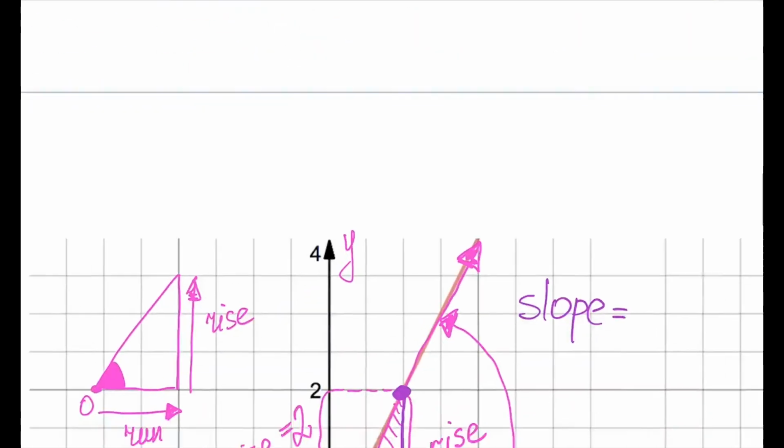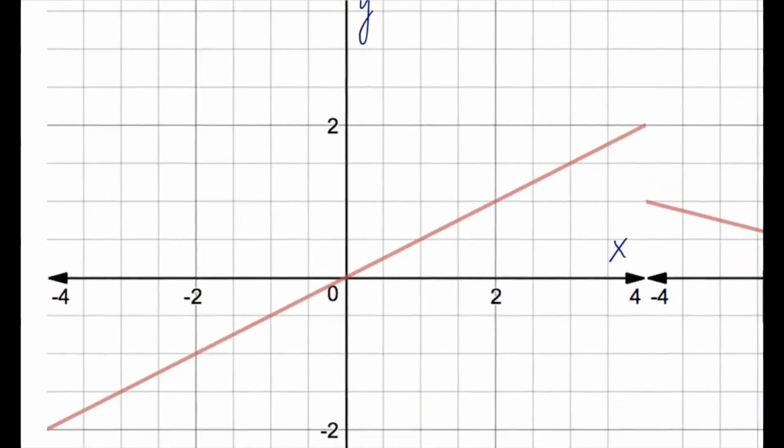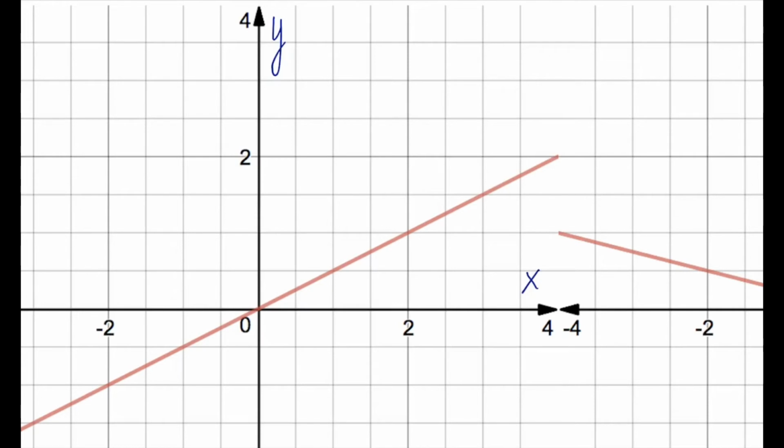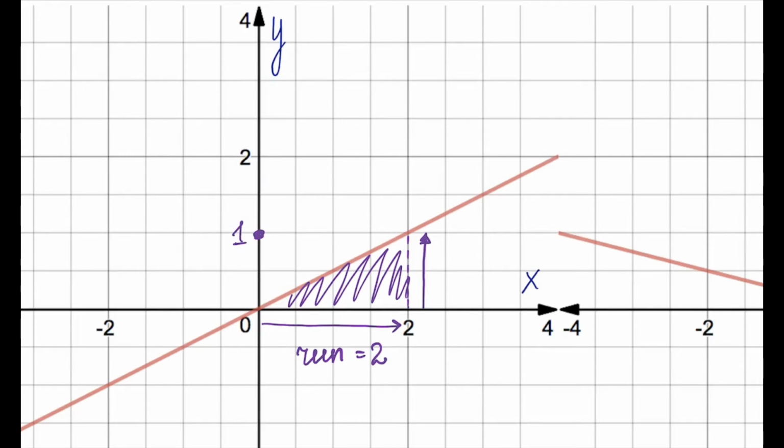One more time, I'm going to look at the next graph. I think that I will choose this triangle right here. So in this triangle, my y actually rose, and my x, of course, ran again. So the run for x amounts to 2 points. And then how much did my y change? Well, it changed from 0 to 1. So it's a rise of 1.